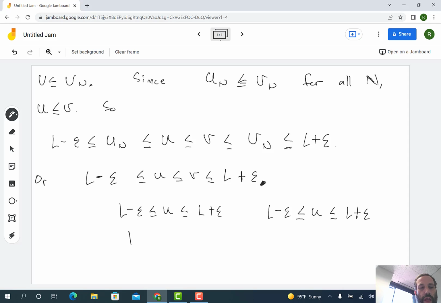But both of these inequalities are the same as saying the absolute value of U minus L is less than or equal to epsilon, and the absolute value of V minus L is less than or equal to epsilon.